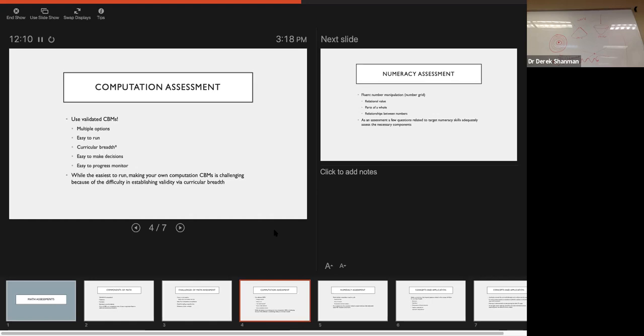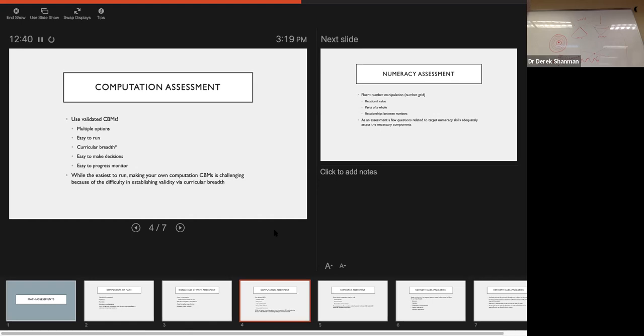All right. Has anyone given that before, either through DIBELS or AIMSweb or anything else? No. Okay. This is what you see in every curriculum. You'll have progress monitoring checks, your fluency minute, all these things build to that. So there are a number of reliable, valid math computation CBMs out there.